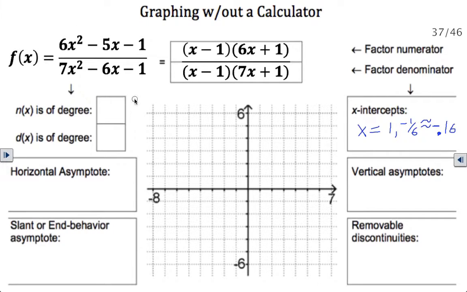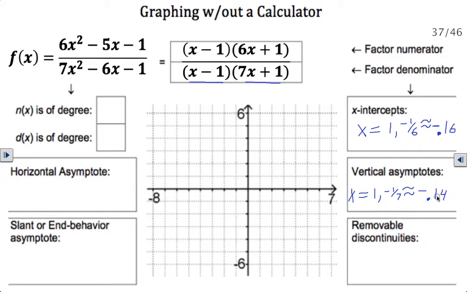And then next, find your vertical asymptotes. So you'll set both of these factors in the denominator equal to 0 and solve for x. So from here we have x equals 1, and then we also have x equals negative 1/7. Okay, and then it will be good to know that negative 1/7 is equal to negative 0.14, I believe.